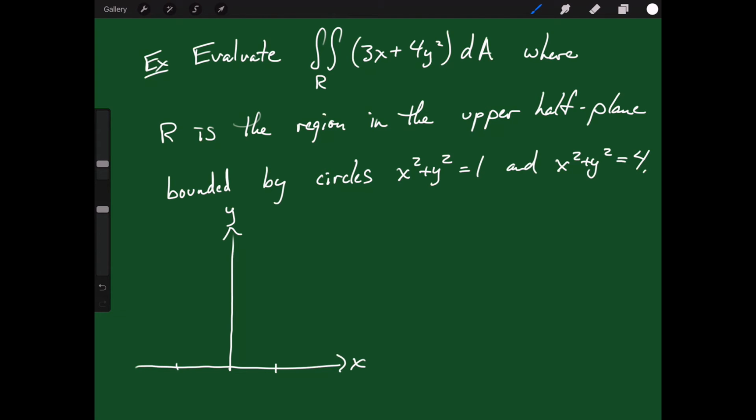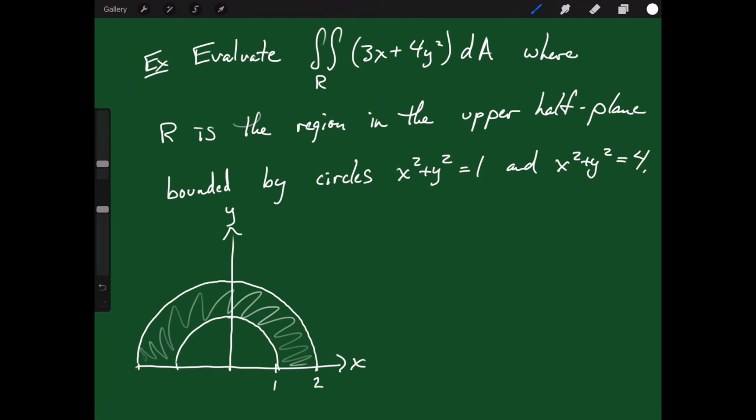So there's my circle of radius 1. And then I also have a circle of radius 2, also centered at the origin. And so the region that I'm thinking of right here is everything inside of this region. That's my region R.